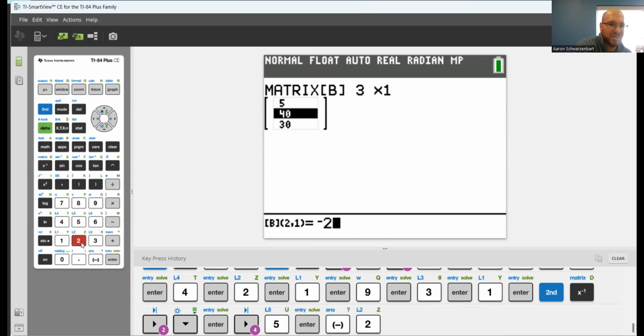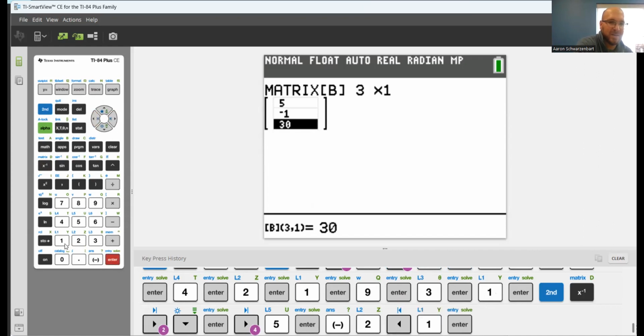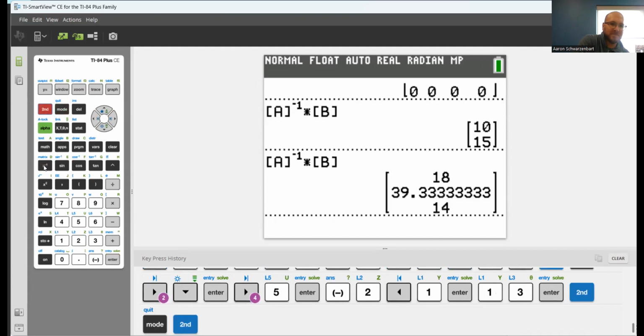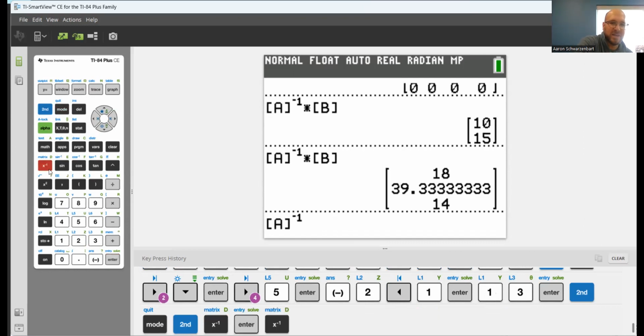Nope, -1. 13. So A inverse, because remember I'm taking B, I'm left multiplying by A inverse.